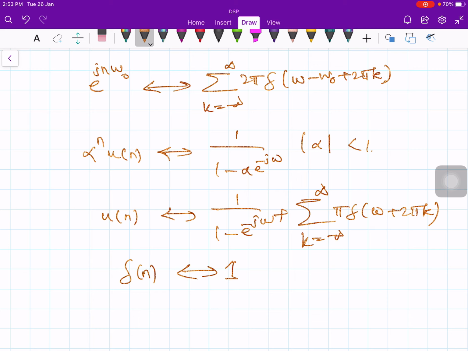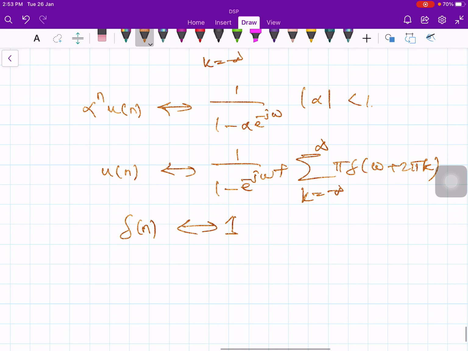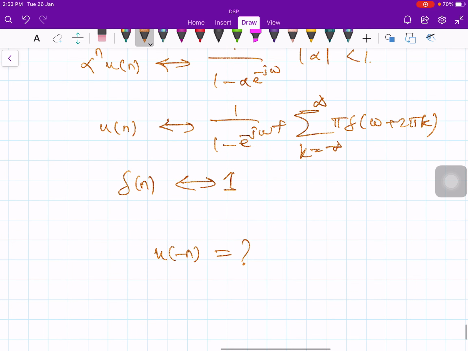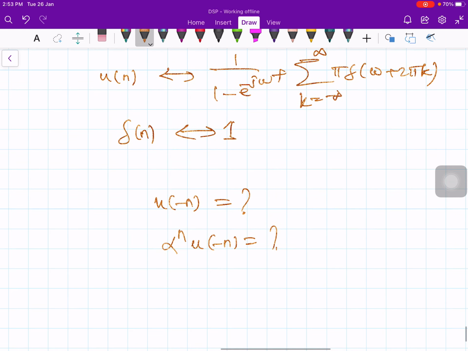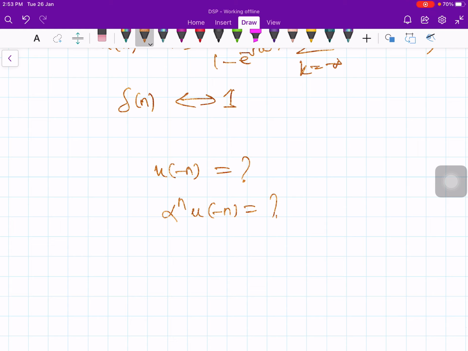I suggest strongly that you verify this table for yourself. Questions like what will be the DTFT of u of minus n, or what is the DTFT of alpha to the n times u of minus n, and things like that. Once you admit the existence of a DTFT, all properties will be valid.